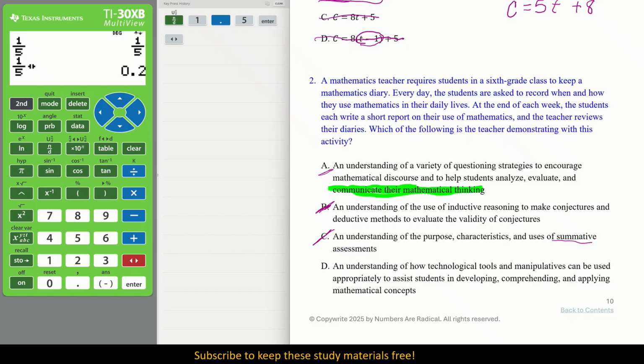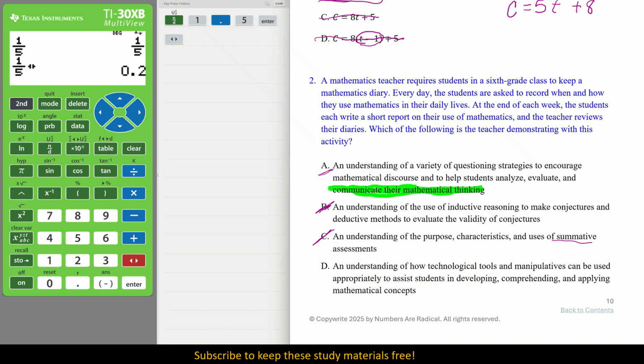It's okay. Now let's look at D. An understanding of how technological tools and manipulatives can be used appropriately to assign students to develop. Nowhere are we talking about manipulatives or comprehending, applying mathematical concepts. They're not talking about how they apply it.